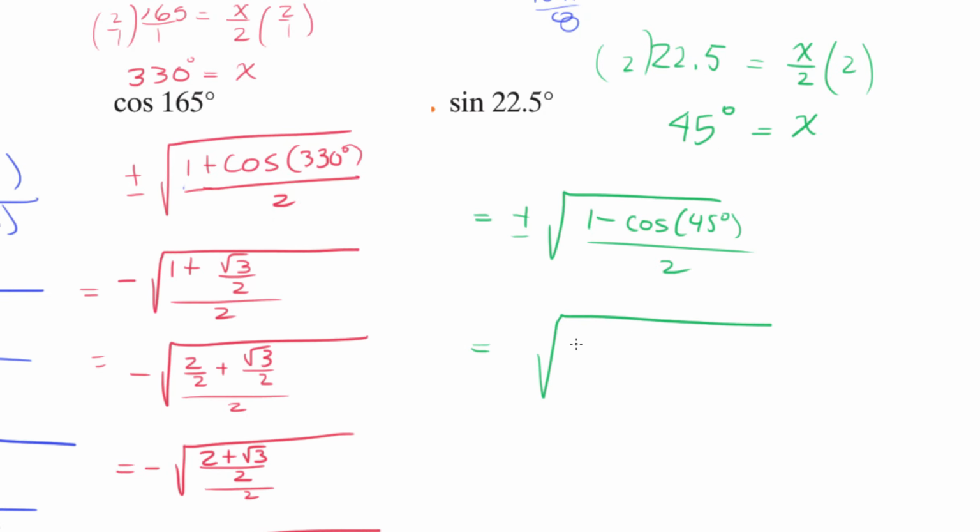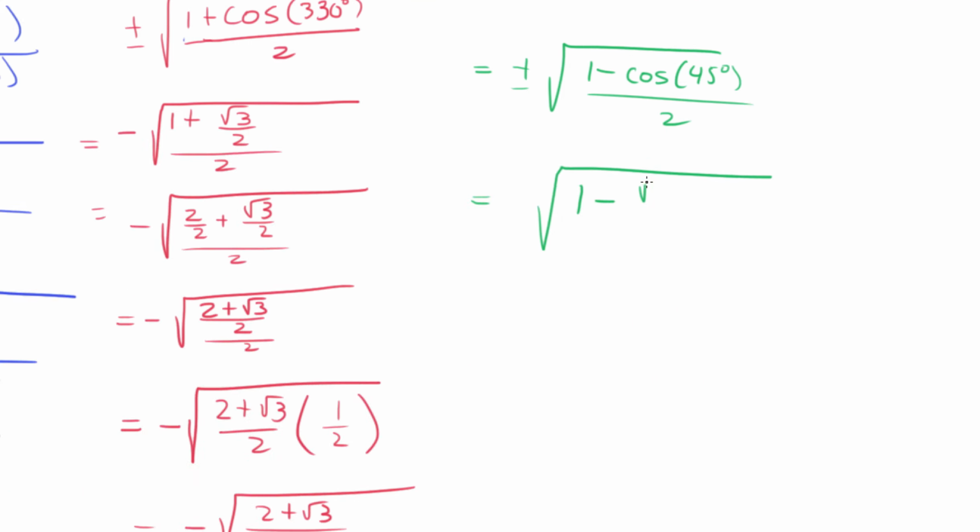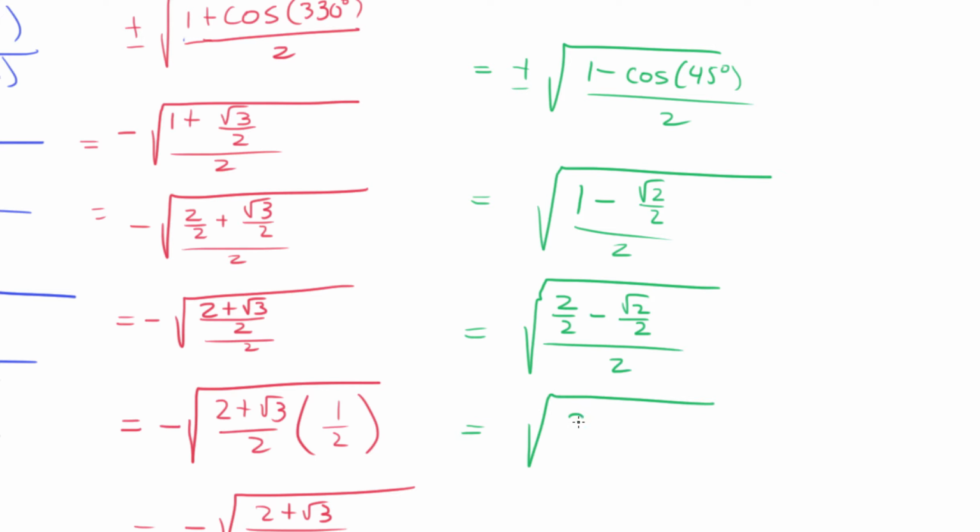So square root of 1 minus cosine of 45 degrees, you can see that is radical 2 over 2, over 2. Now notice how similar this process is. Again, common denominator. So 2 over 2 minus radical 2 over 2, over 2. So 2 minus radical 2 over 2, over 2.